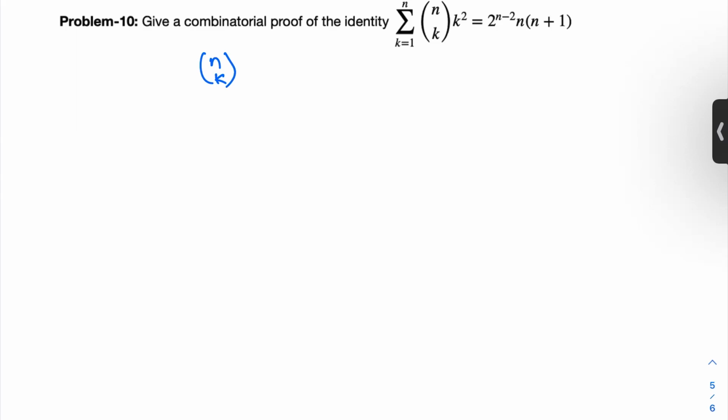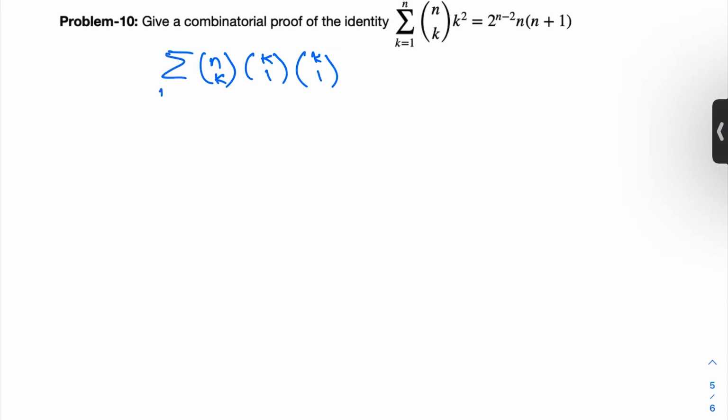For position 1, we can pick one person from k people. For position 2 also, we still have k choices, because I told you that both positions can be given to the same person if you want. So position 1 can be filled in k ways, and position 2 can also be filled in k ways.